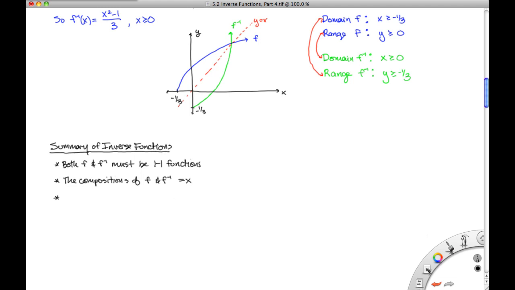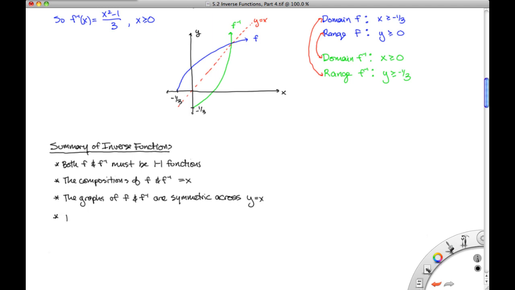We also looked at some interesting symmetries: the graphs of f and f inverse are symmetric across the line y equals x. We did this in solving the equations for finding inverses, where we exchanged the x and the y. The domain, the x's, of one are equal to the range of the other, the y's. This is a common theme with inverse functions.